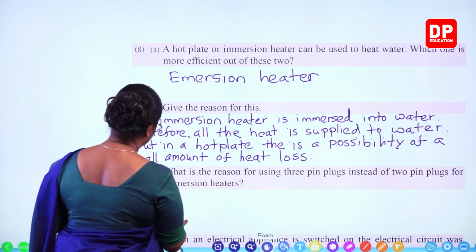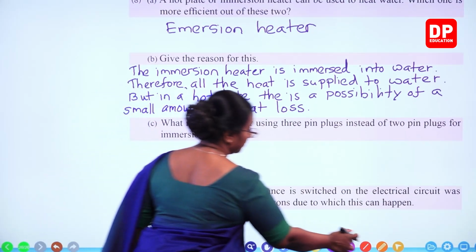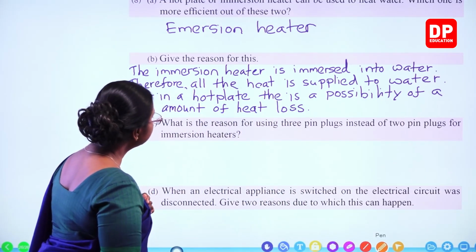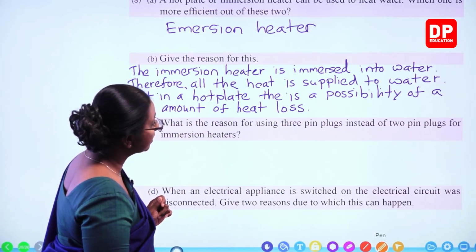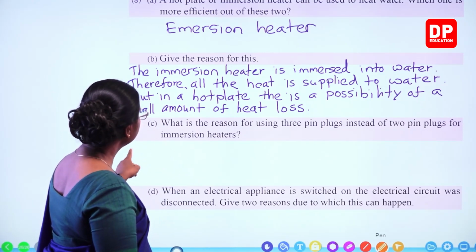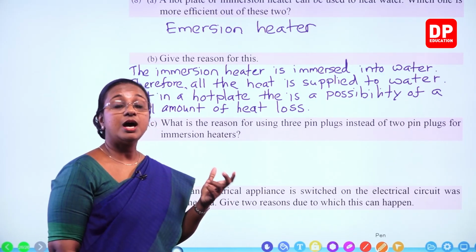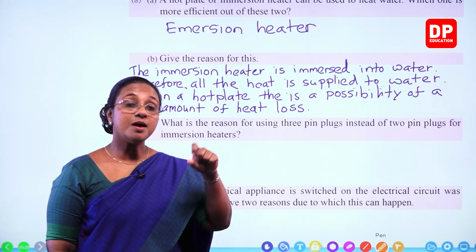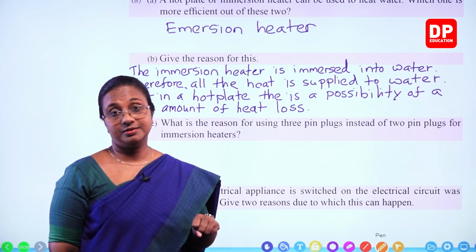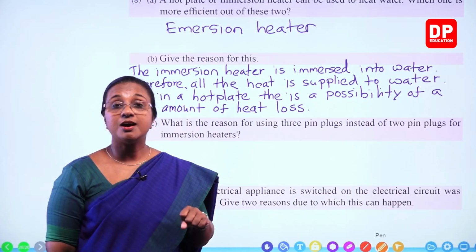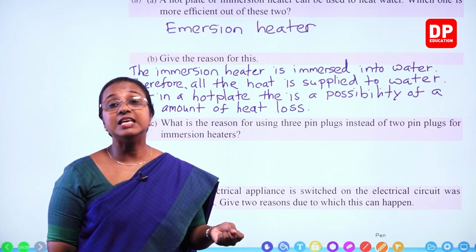Then the next question. What is the reason for using 3-pin plugs instead of 2-pin plugs for immersion heaters? Now immersion heaters, we are putting it into water. So there is a chance of electricity leakage.